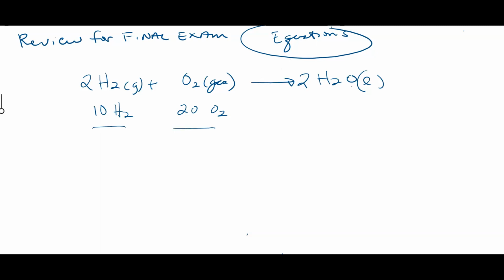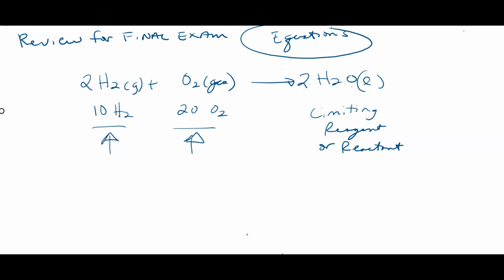So you might see the word limiting reagent or reactant in the problem, and they want to know what's limiting me. Is it this guy or is it this guy keeping me from making as much water as possible? So that's a limiting reactant problem.